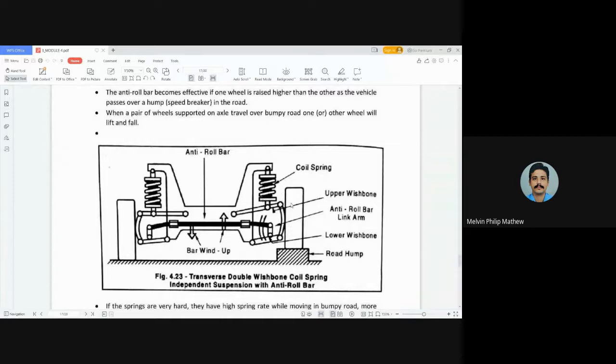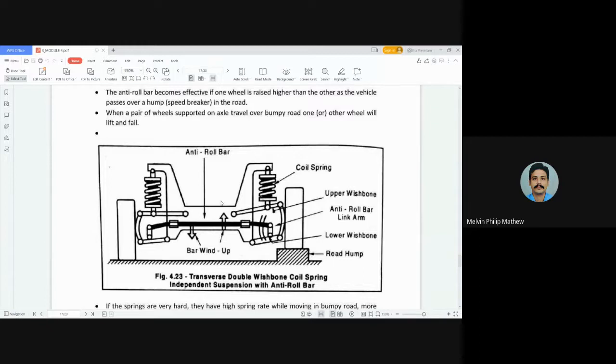If the depth of the ground from the road surface is much greater, of course the vehicle will roll or fall down. That is what is shown in this diagram, and to prevent such a disaster, or to reduce the rolling action, we provide an anti-roll bar.